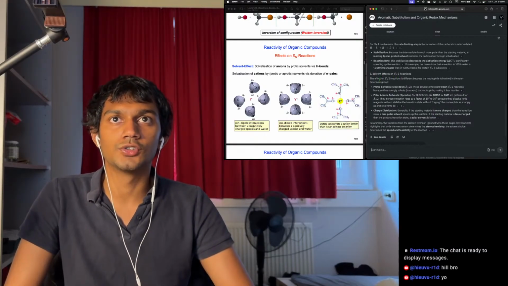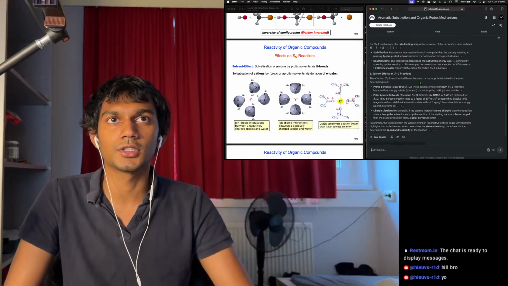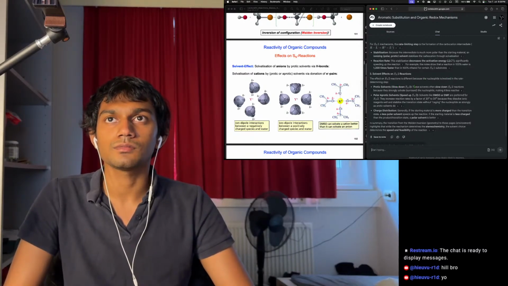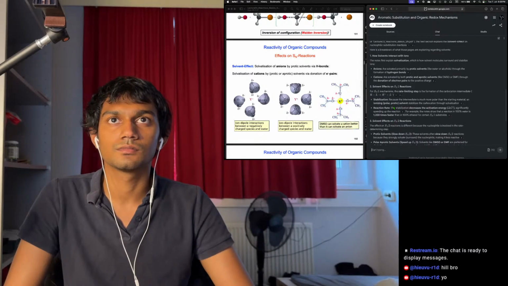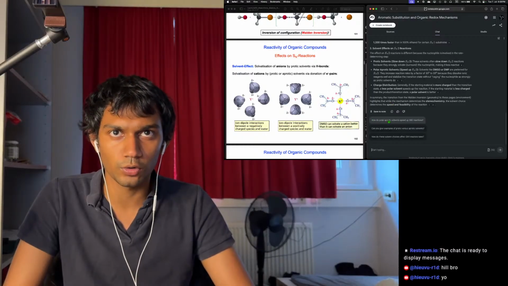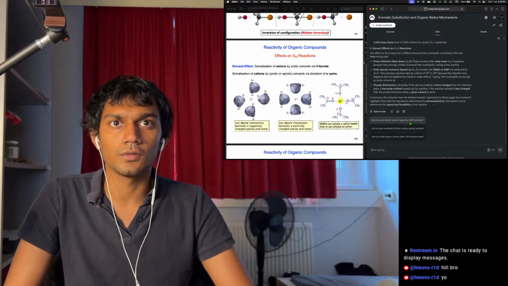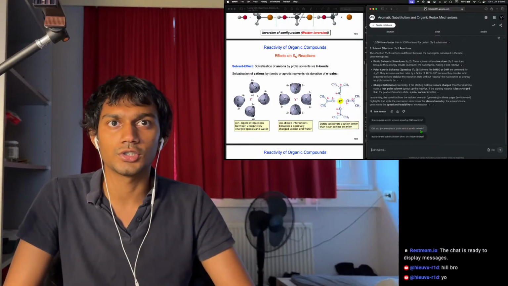Solvent effects on SN2. The effect on SN2 reaction is different because the nucleophile is involved in the rate determining step. Now let me see what type of questions. How do polar aprotic solvents speed up SN2 reaction? Can you give an example of protic versus aprotic solvents?